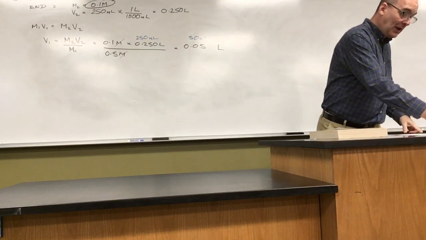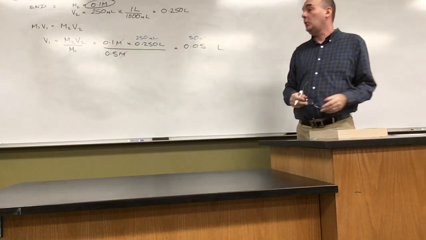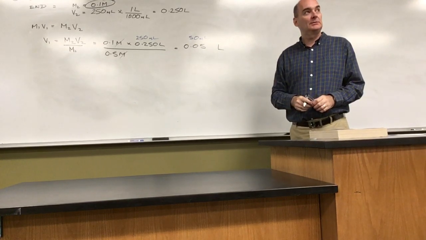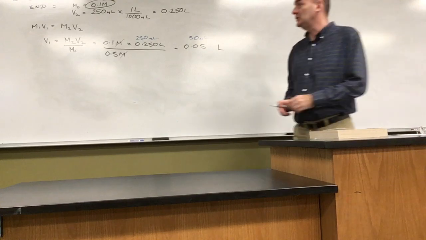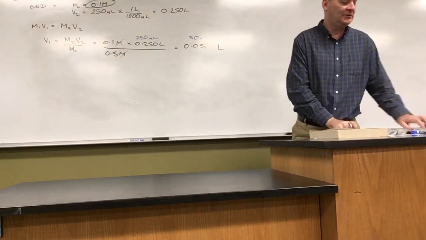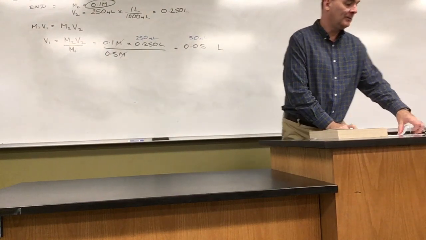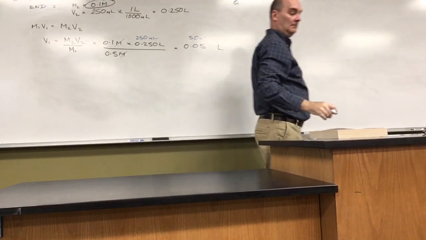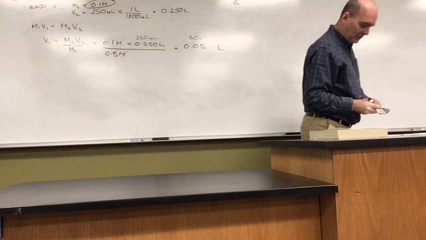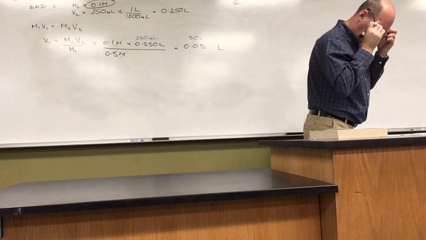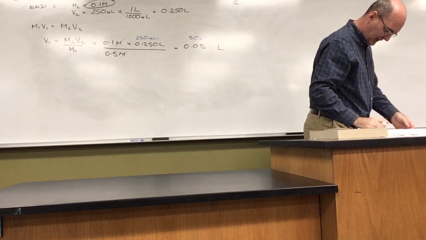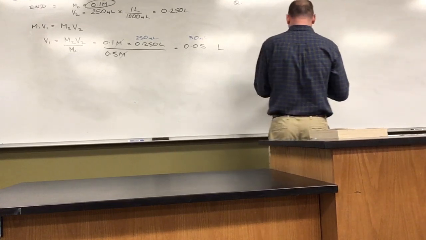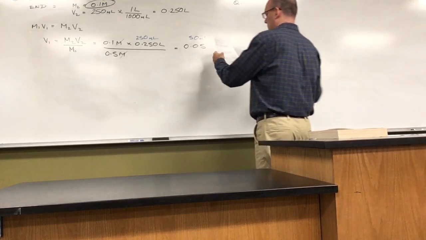The book has a couple of Raoult's law questions, but it doesn't have very many questions about mixtures of volatile liquids. So I invented one. I think we're going to follow it up with one from the book, that is a non-volatile, which we didn't really talk about too much in class.